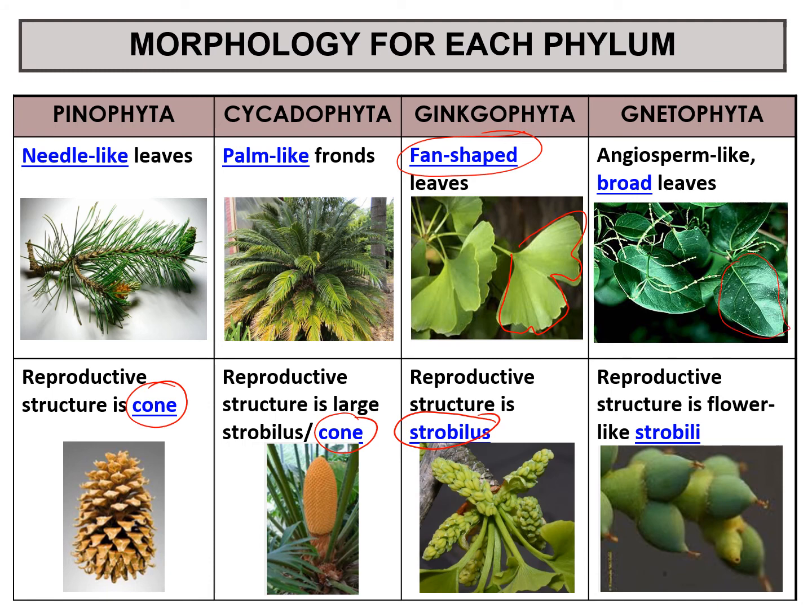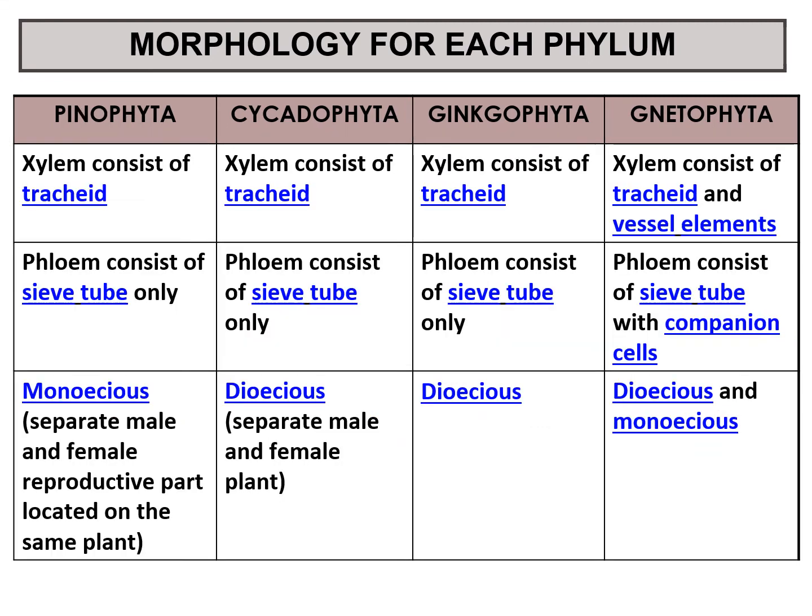The reproductive structure is flower-like strobilus. Flower-like, dia dah macam bunga, ada kelopak. Macam ada kelopak, tapi sebenarnya dia struktur strobilus. Okay, you can read the differences in morphology for each phylum in terms of vascular tissue.